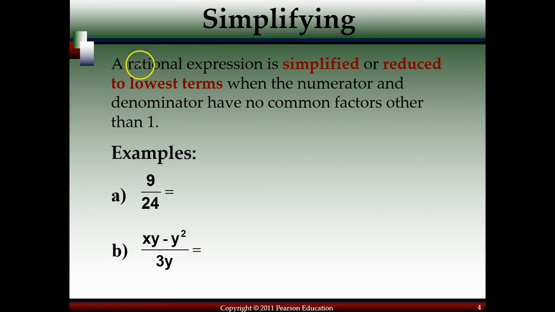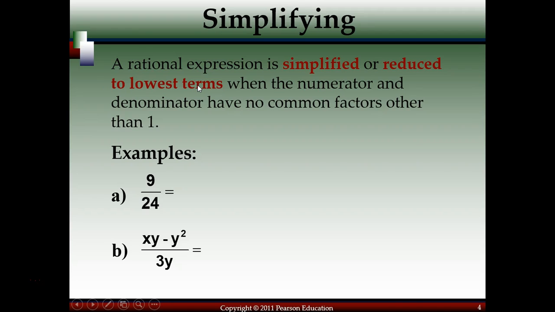Okay, in this slide, I'm going to show you how to simplify a rational expression. A simplified rational expression is reduced to lowest terms. When the numerator and the denominator have no common factors other than 1, then it is in simplified or reduced form.